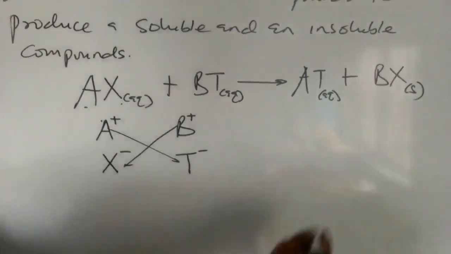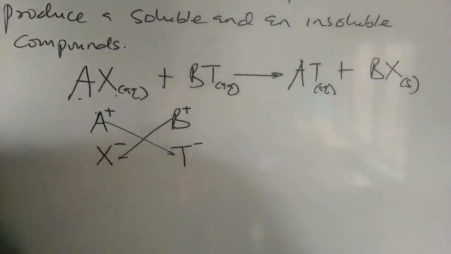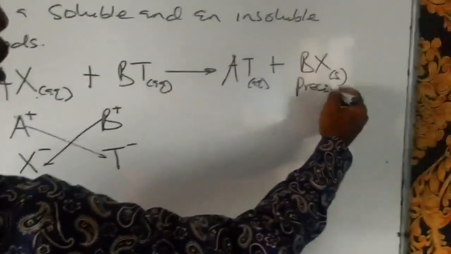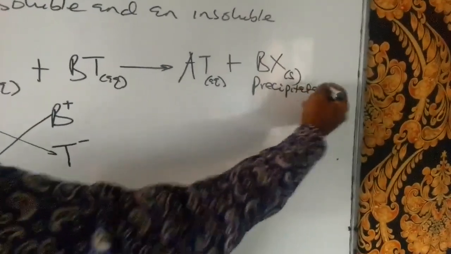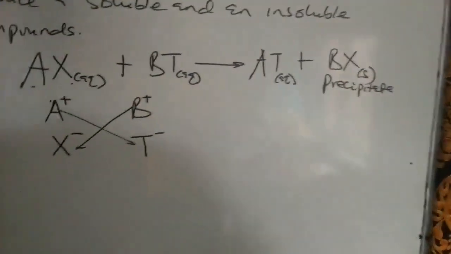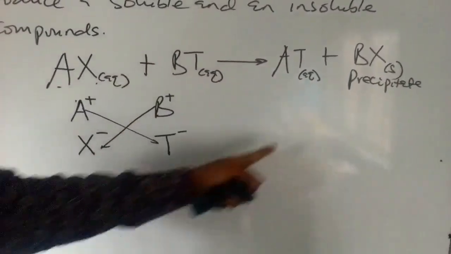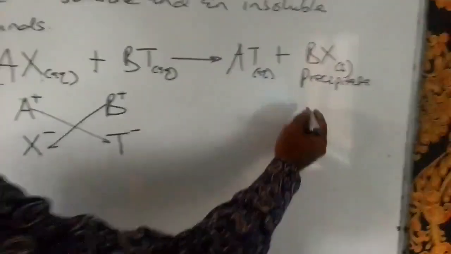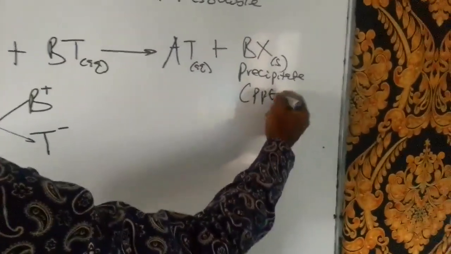The insoluble compound formed during precipitation reaction is called the precipitate. I come again: the insoluble compound formed when you mix two soluble compounds is called the precipitate. And in chemistry, we abbreviate it with PPT.